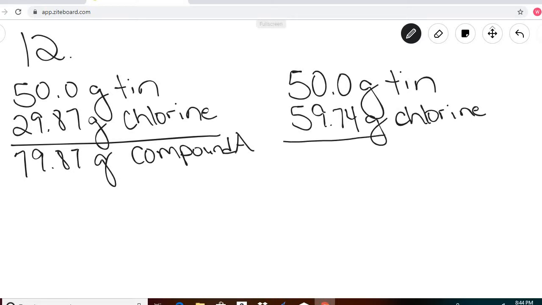And there's none left over, so that would mean that the mass of the compound that we make would be 109.74 grams. So we'll call this compound B.